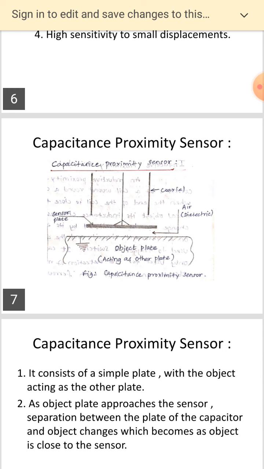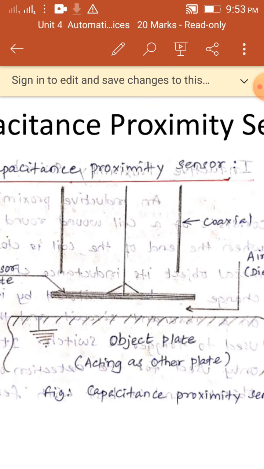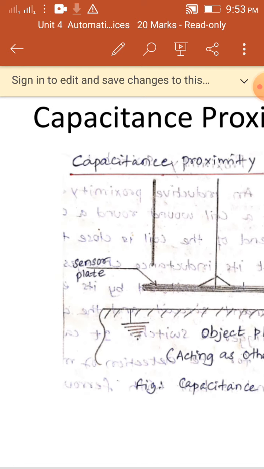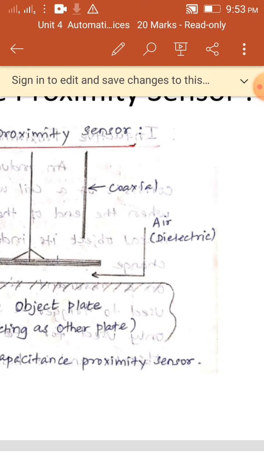So next we will see the capacitance proximity sensor. In the figure you are able to see there are two plates. The object plate is the ground plate, and the other is the sensor plate, and in between these two there is a dielectric medium.